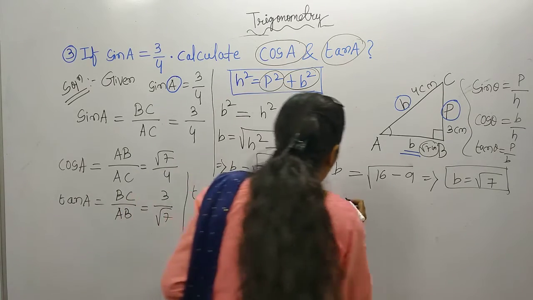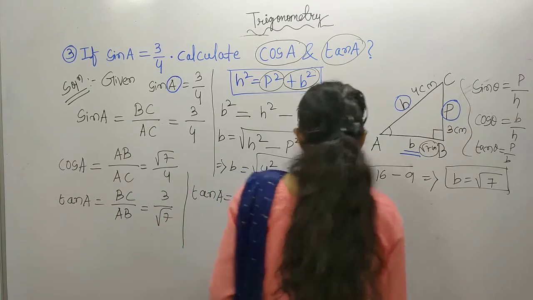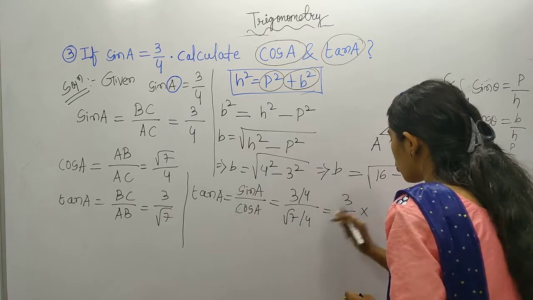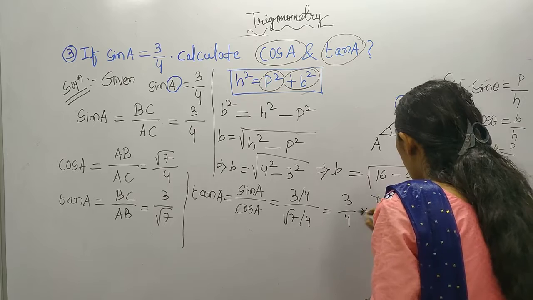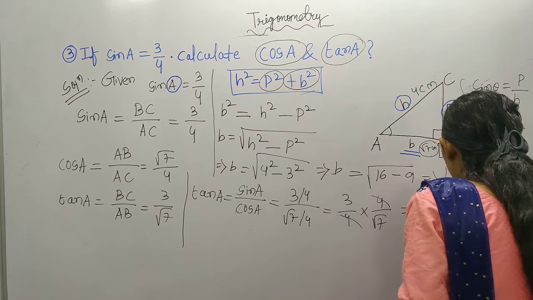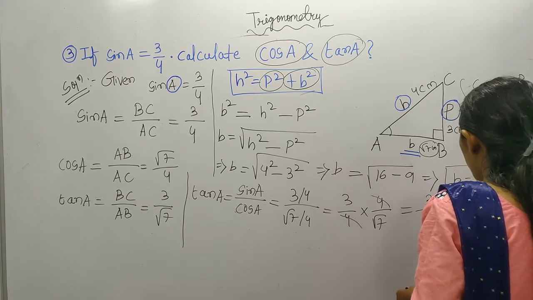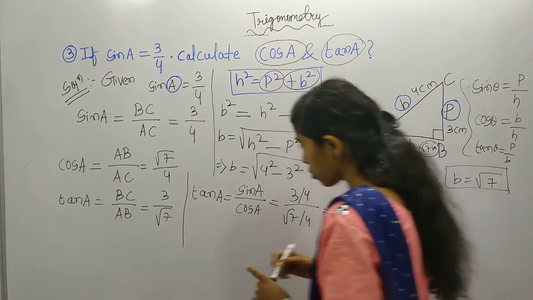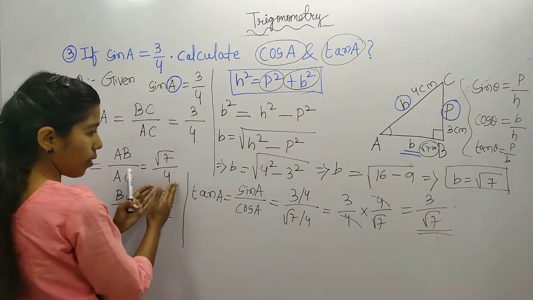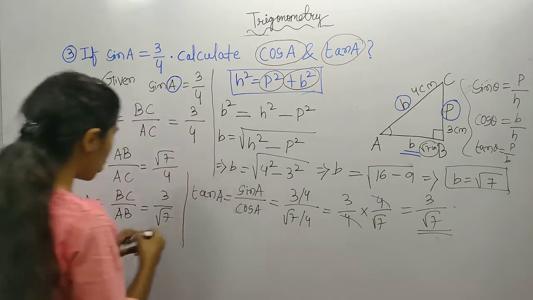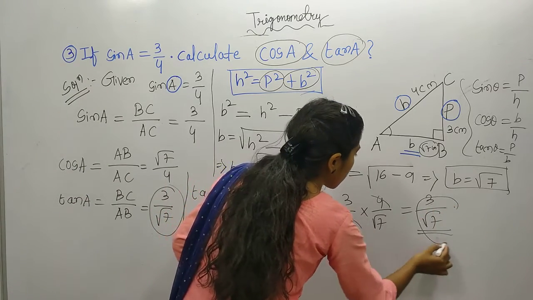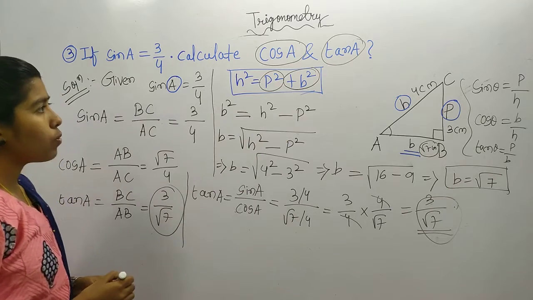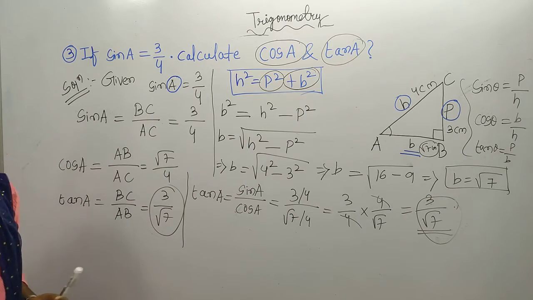So what will it become? 3 by 4 into 4 by root 7. So 4 will cancel. Then it will become 3 by root 7. Over. So we have found cos A equals root 7 by 4 and tan A equals 3 by root 7. Here also it's 3 by root 7. Over. Let's move to the next question.